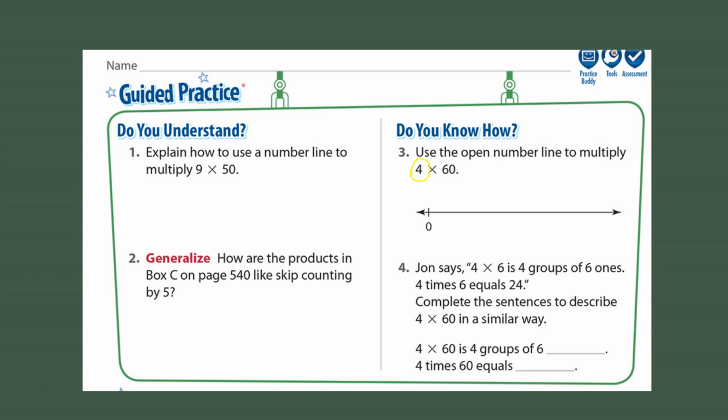Starting from 0, 1 jump, you label this point on the number line 60. That's 1 jump. We want to make our jumps evenly spaced. So that's 2, 3, and 4. Jumping in this direction.